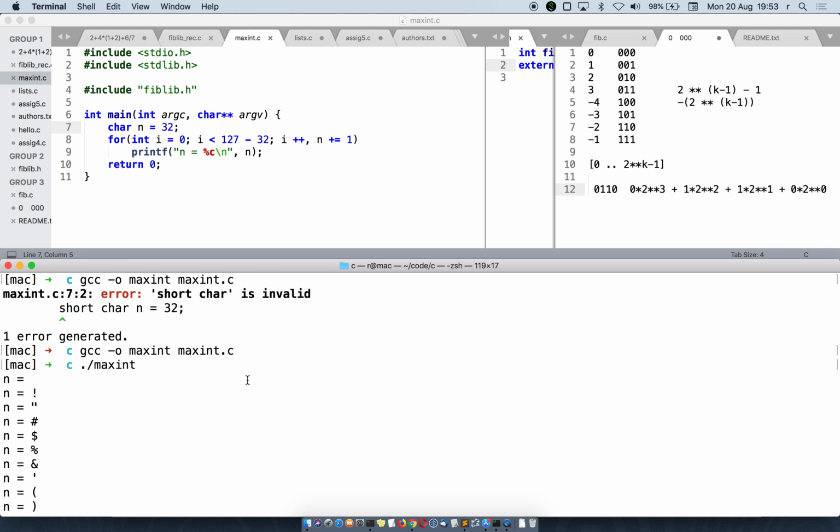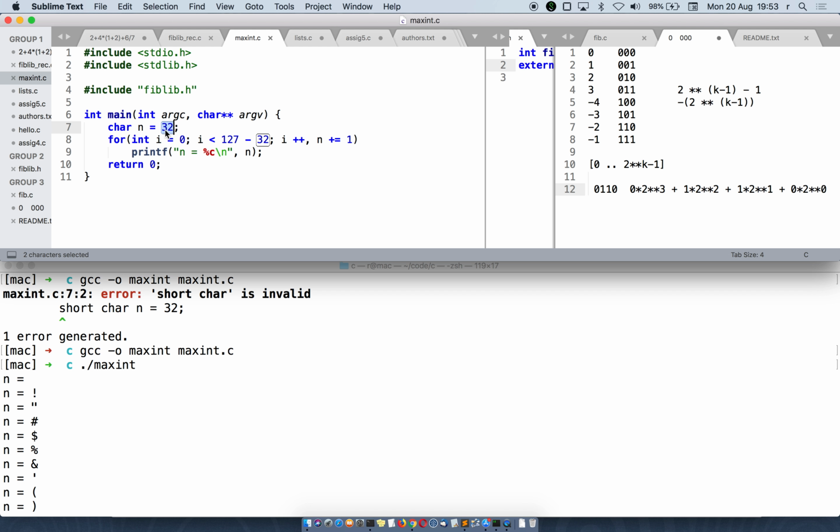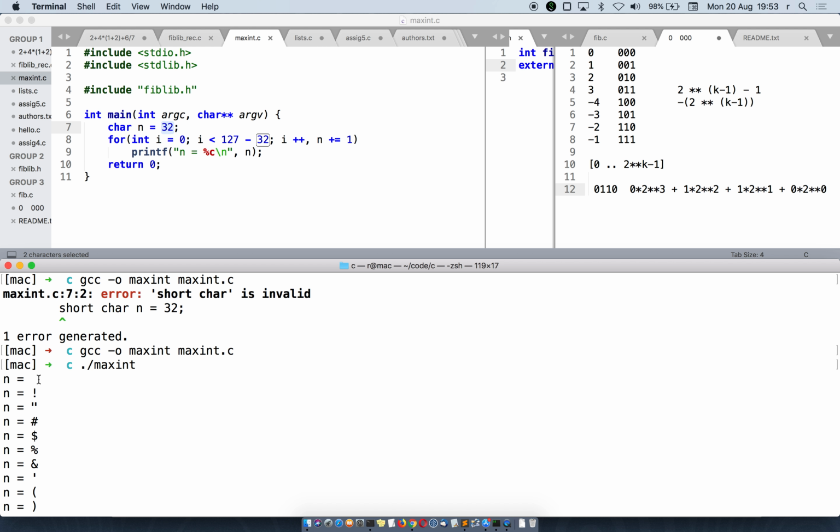Printing characters, right? But n is essentially starting with an integer value. So the first value is going to be 32. And what do you see here? The space, right? That's why I started with 32. What do you think is below 32? Very good, non-printable characters. So it's stuff that will mess up our screen.